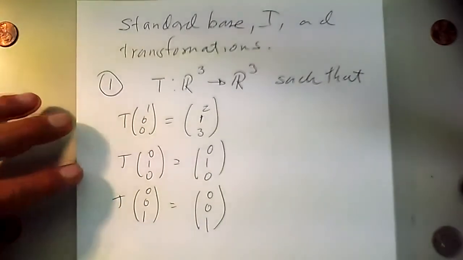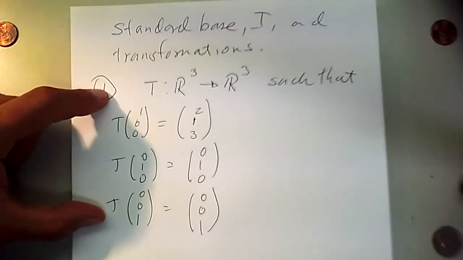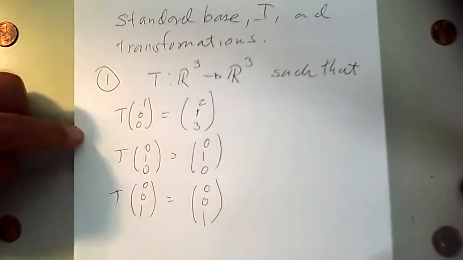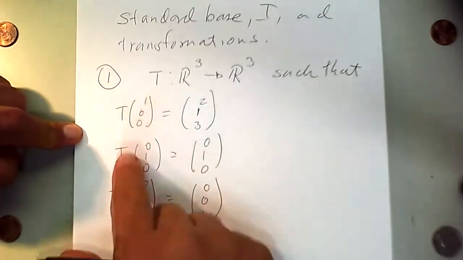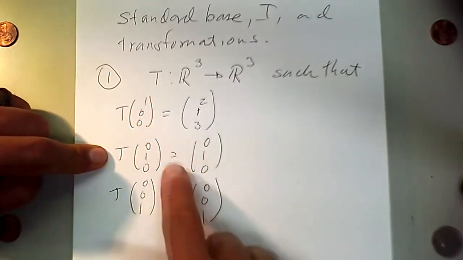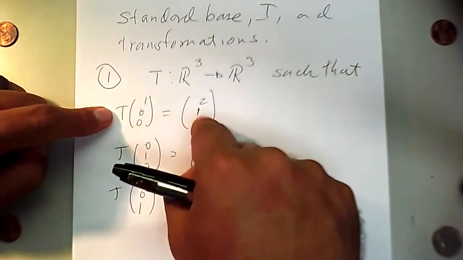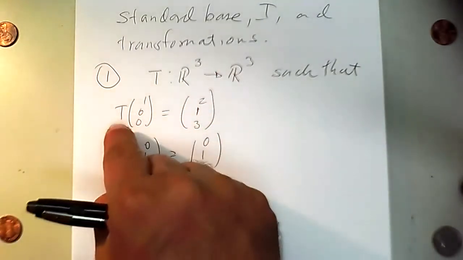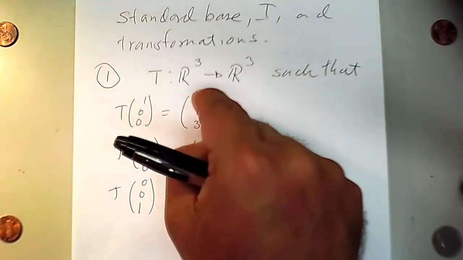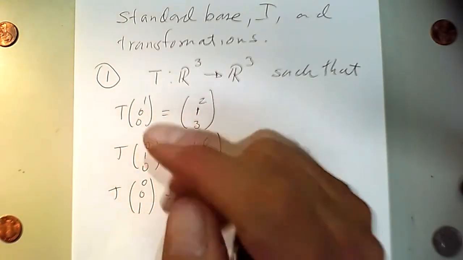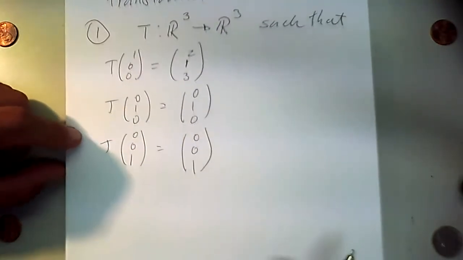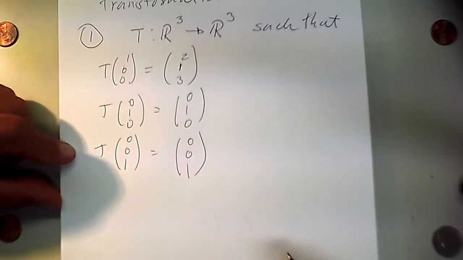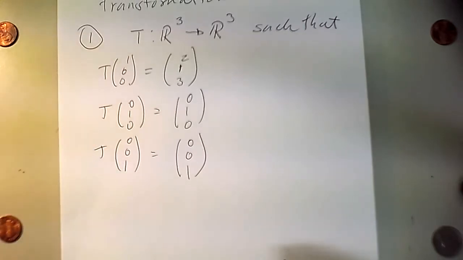So this does not leave things the same way. This transformation leaves those two vectors the same way, but this vector changes, is not the same. So the question is, what is the matrix corresponding to this linear transformation? There are a couple of different ways to address that.